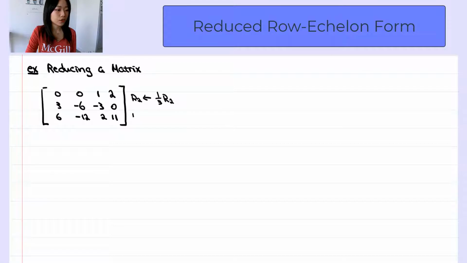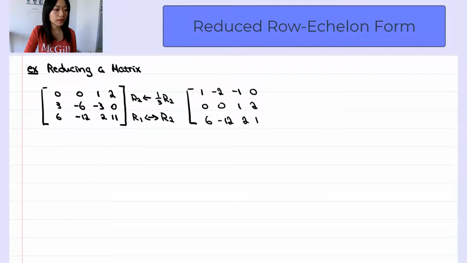Then I'm going to exchange row 1 with row 2. So the matrix becomes 1, -2, -1, and 0. Then 0, 0, 1, 2, and the third row remains the same: 6, -12, 2, and 11.